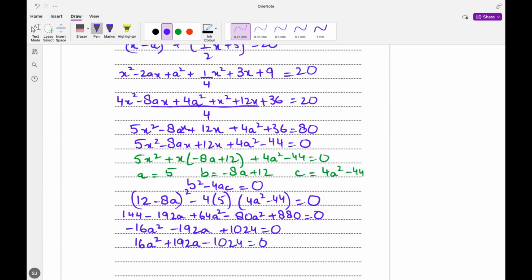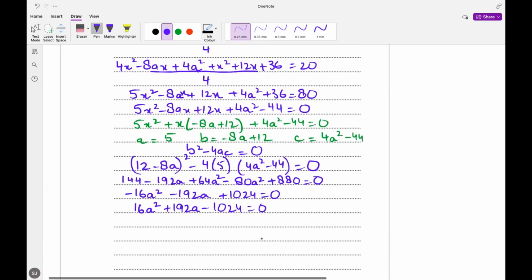Now we can substitute this equation as it is in the calculator, or if we divide this equation by 16, this will become a squared, 192 divided by 16 is equal to 12, so plus 12a, and 1024 divided by 16 is equal to 64. So this will be a squared plus 12a minus 64 equals 0.